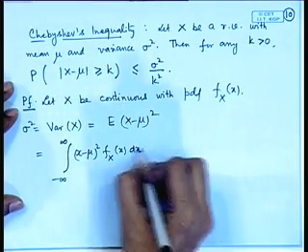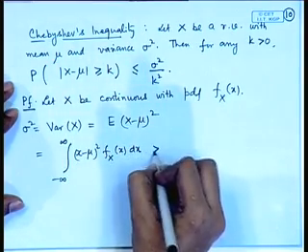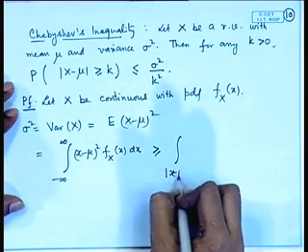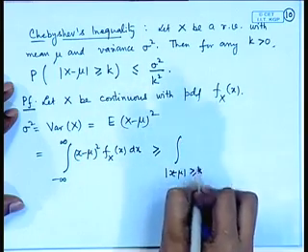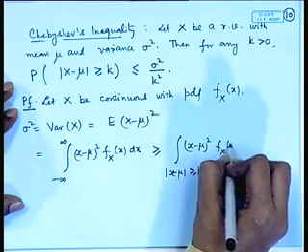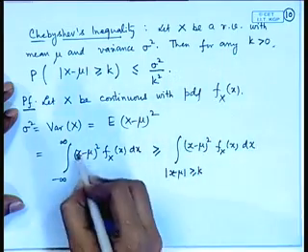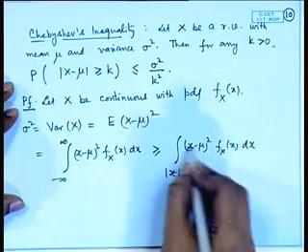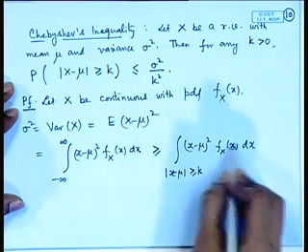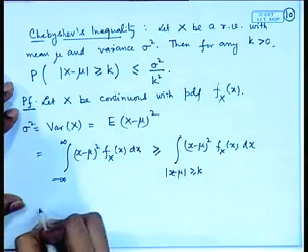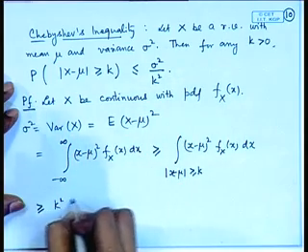Now, this particular integral is greater than or equal to the same integral over the region modulus x minus mu greater than or equal to k. This is because the integrand is non-negative. So, if we reduce the region of integration, the value will become smaller. Now, on this region, (x minus mu) whole square is greater than or equal to k square. So, we can replace by that.